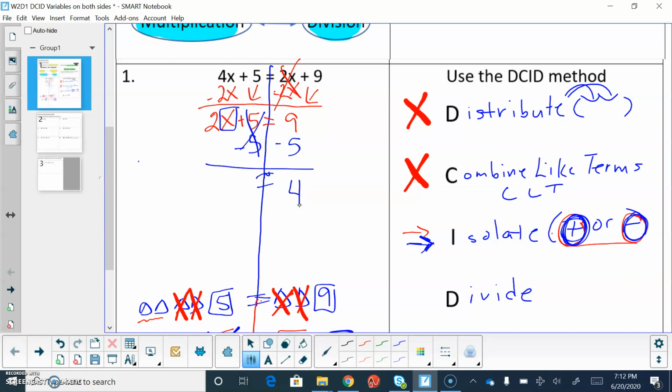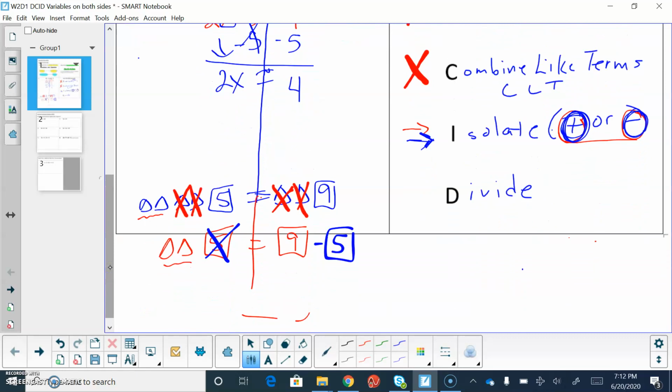And just like before, I'm going to bring down that 2x because it's still there. And I'm going to look at my sketch and say, okay, when I was sketching it, I've got 9 cubes minus 5 cubes. That would be 4 cubes. And I've got my 2 triangles left. So I see we have the same representation. I've got 2x equals 4 up top in the algebra, and then I've got 2 triangles equal to 4 cubes. So it's the same representation.